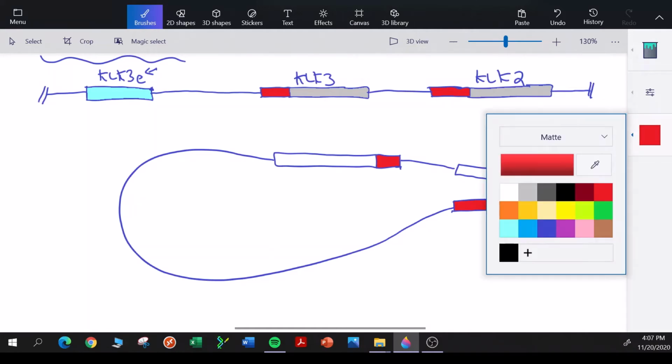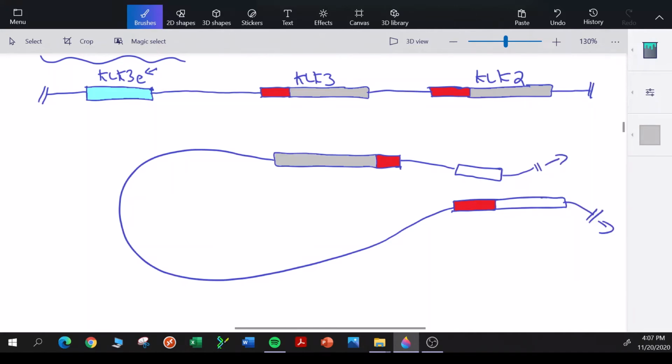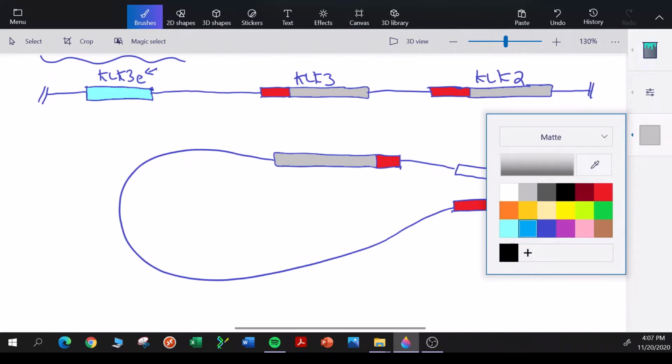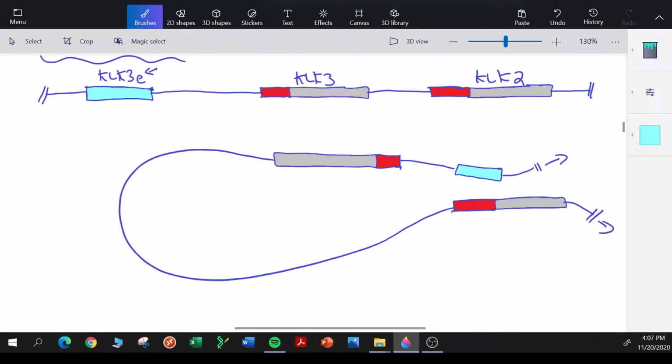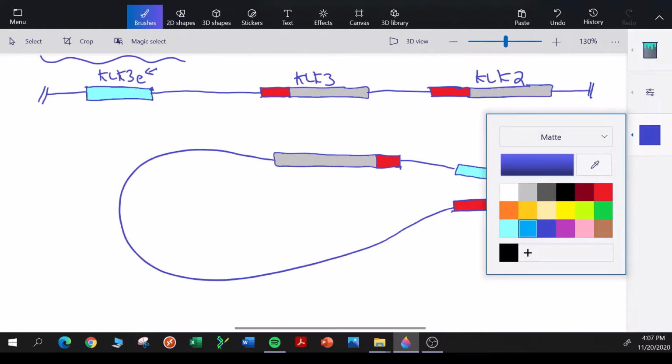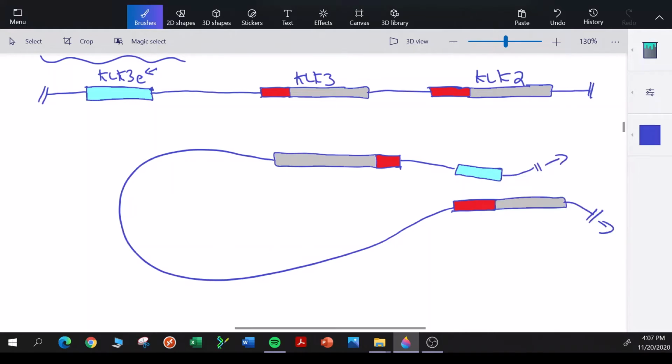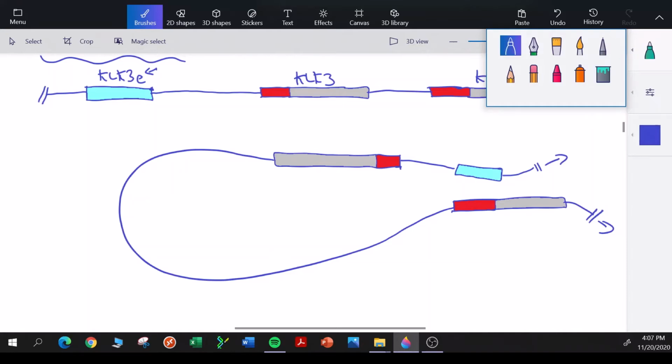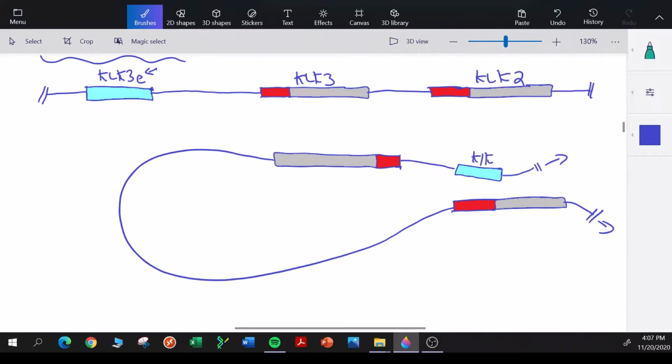You can use some colored pencils also. So their hypothesis is that the KLK3 enhancer is brought into close proximity of the KLK2 promoter.